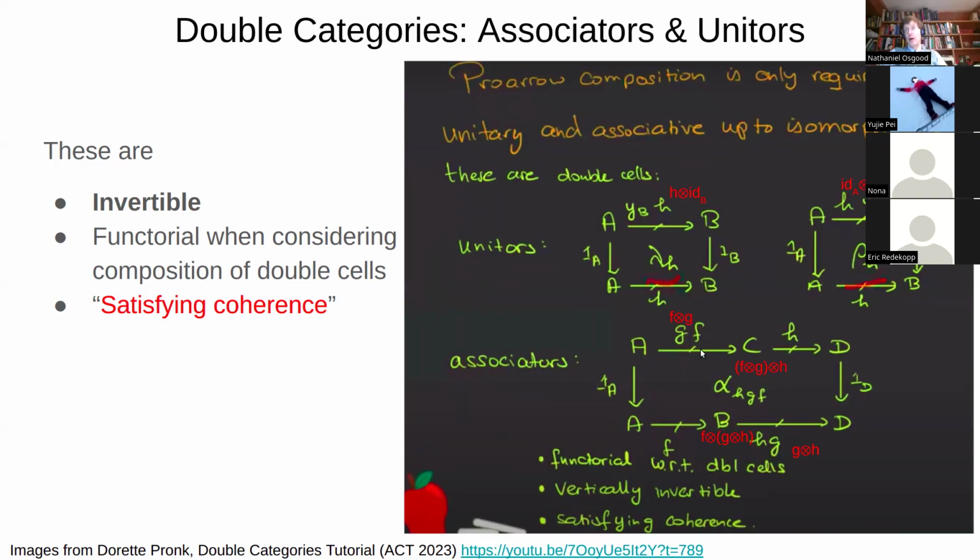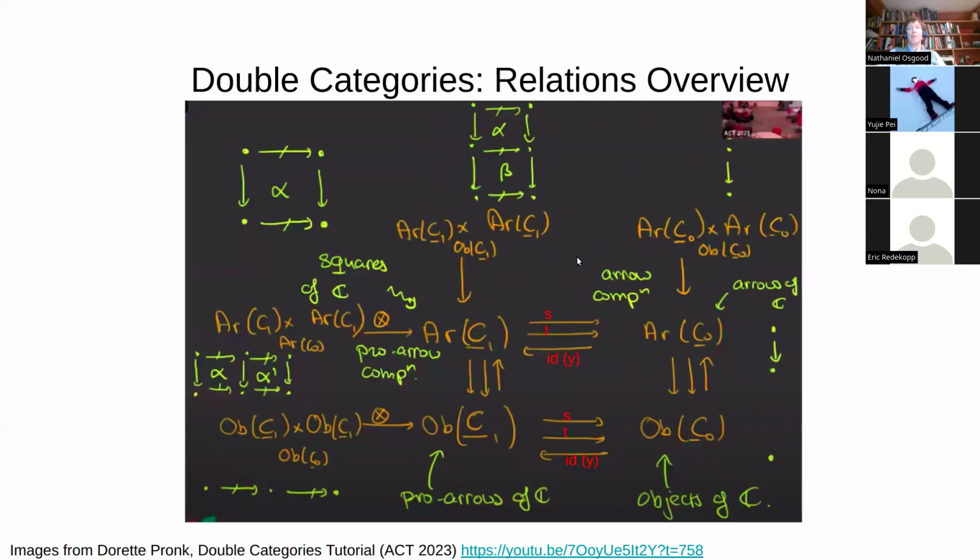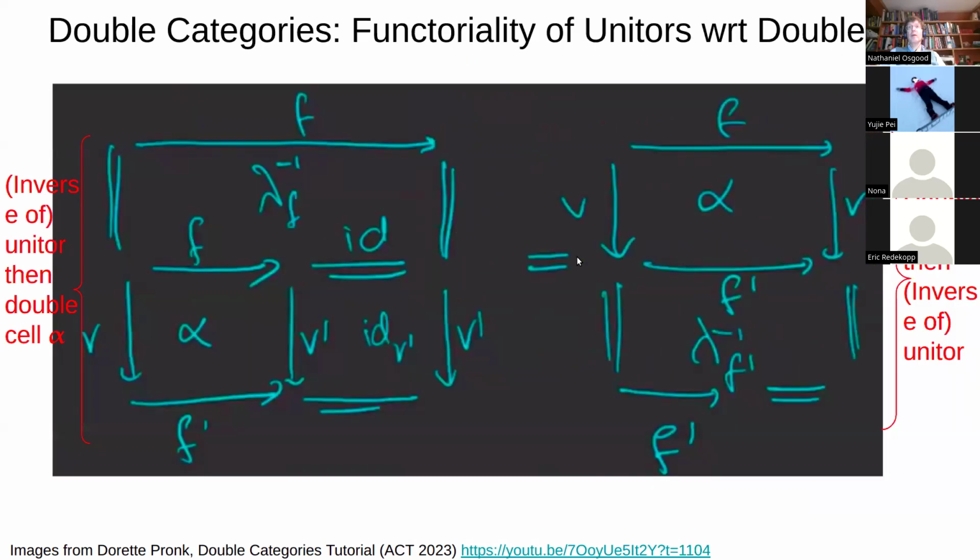It's invertible, so you can go from this and this to this and this, just like you can go from the pair (AB, C), that outer pair, to a pair of A and the pair (BC). You can go between them. The same information, just packaged in a different way. And here again, H composed with the identity pro arrow is not necessarily the same as H, but there's an invertible mapping between them. Okay.